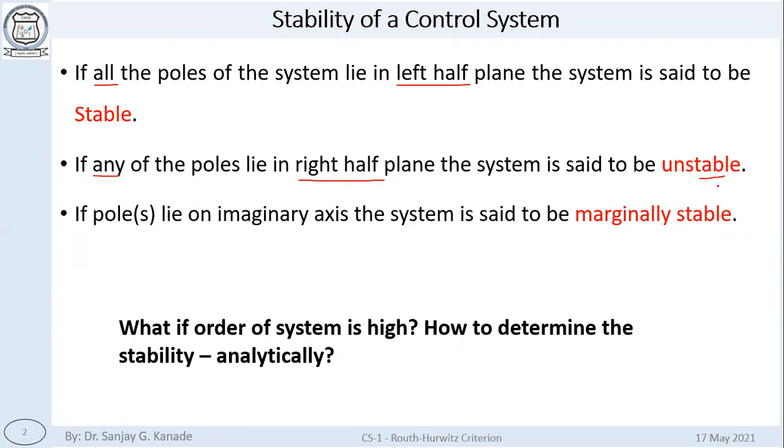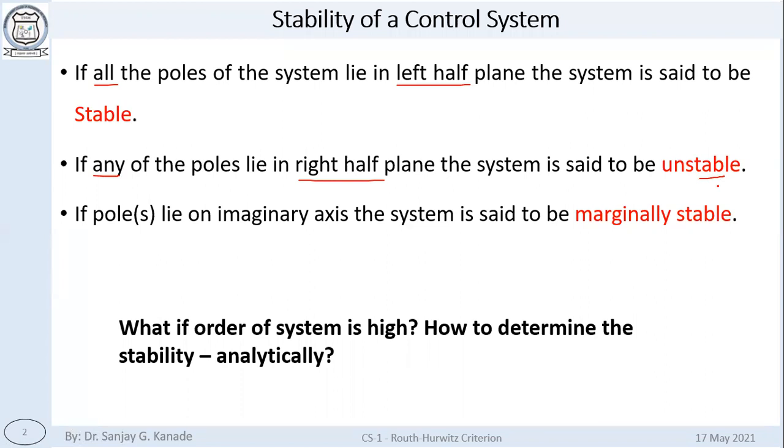Now this is okay, but if I give you a system which is, let's say, of fifth order or sixth order, how are you going to find out the stability? Are you going to calculate all the poles? Poles means you will have to find out all the roots of the characteristic equation or the denominator polynomial.